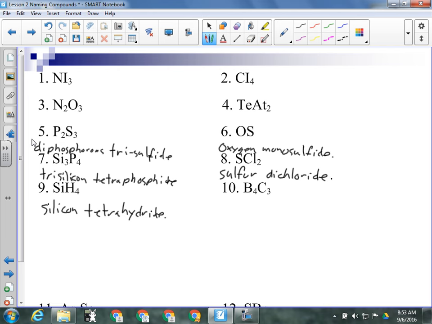And last one, I've got 4 borons and 3 carbons, and this one can be a little tricky. How about Cody on this one? Carbide, exactly. We shorten it. It's not carbonide, although I don't think it would be wrong if you wrote it that way, but typically we write it as carbide.